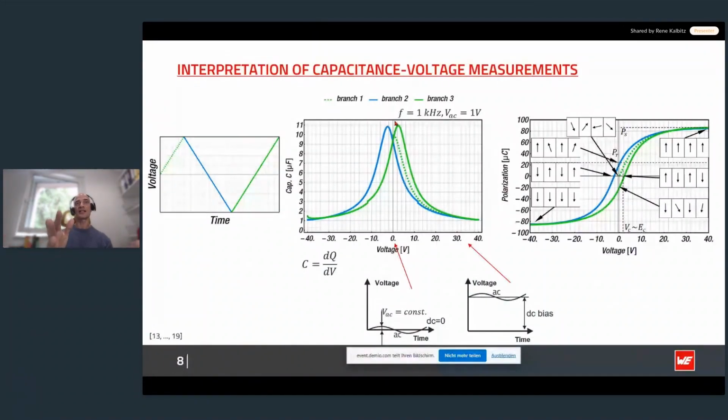Once again, the polarization behavior of ferroelectric materials depends on the actual state of polarization, as shall be discussed with the capacitance voltage plot in the middle here and the polarization voltage graph given on the right. The polarization is essentially the amount of accumulated charge at the capacitor. On the left, you see how the DC voltage was swept in this measurement.